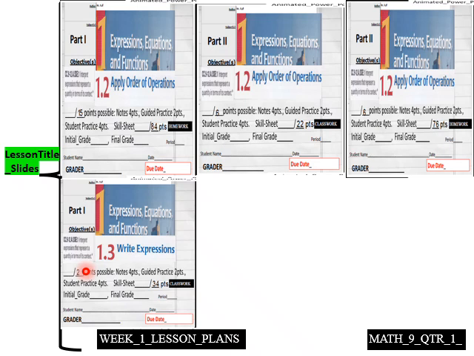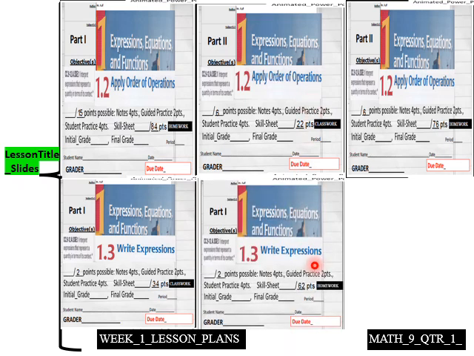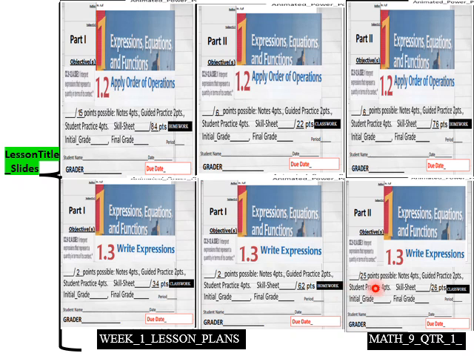1.3, we go into writing expressions. 1.3 part 1 classwork is 34 points, with 2 points of note-taking. Then 1.3 part 1 homework is 62 points, with 2 points of note-taking. Then 1.3 part 2 classwork is 26 points, with 25 points of note-taking.